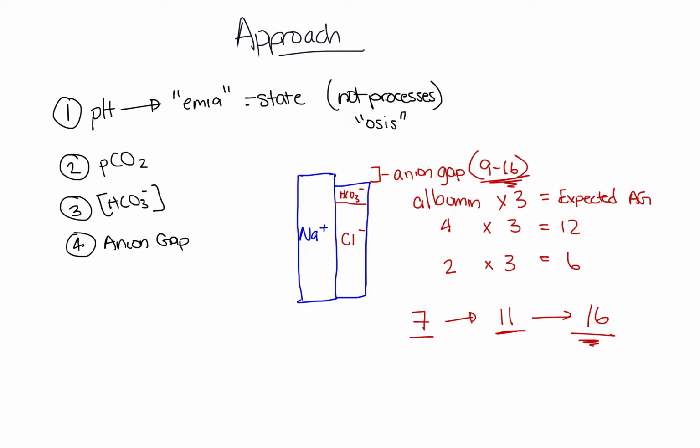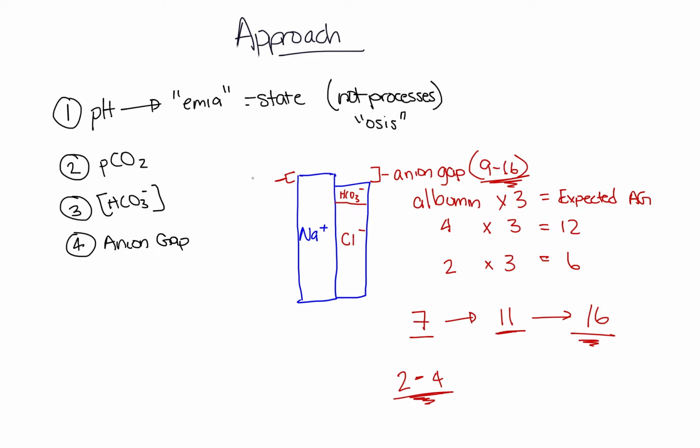There are rarely situations where the anion gap is too low. Say, for example, you have an anion gap of 2 to 4 in a patient consistently. This should make you concerned that there is a decrease in the serum sodium for some reason relative to your negatively charged molecules, and you may have a normal serum sodium because, again, this is not a very big difference than 6 in these patients with low albumin.